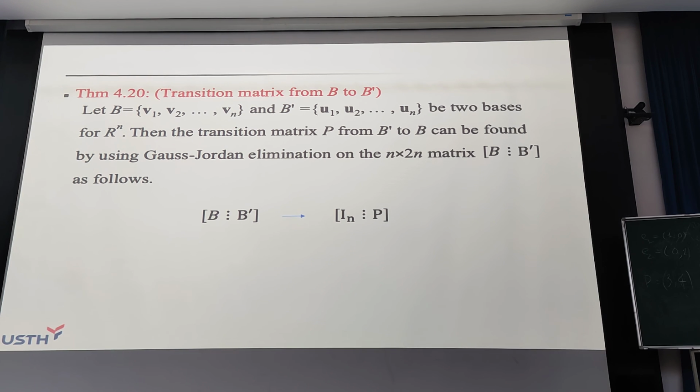Then we apply Gauss-Jordan elimination to transform the first part into the identity. Then the second part will become something, and that something is exactly the transition matrix from B prime to B. Okay.